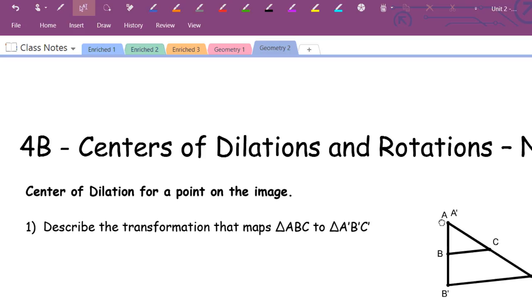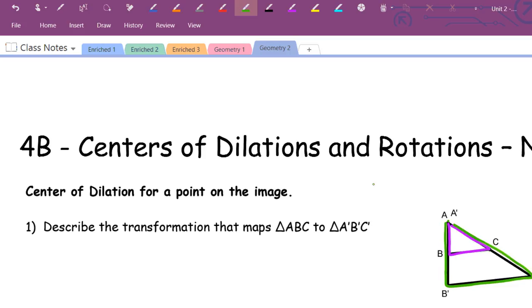That's all we're asking you to do. We've got a transformation here that's going to map A, B, C, which is this guy here, the original, and here's what we get at the end.